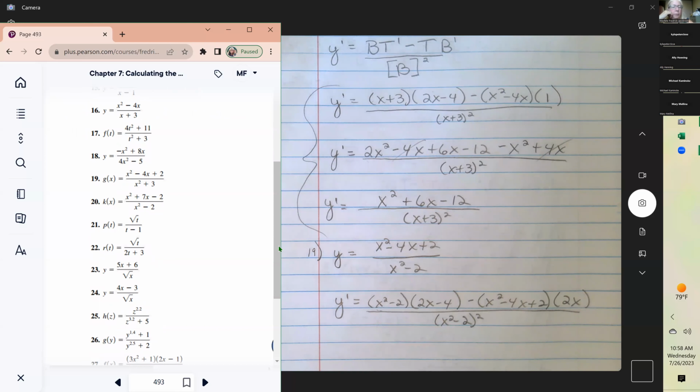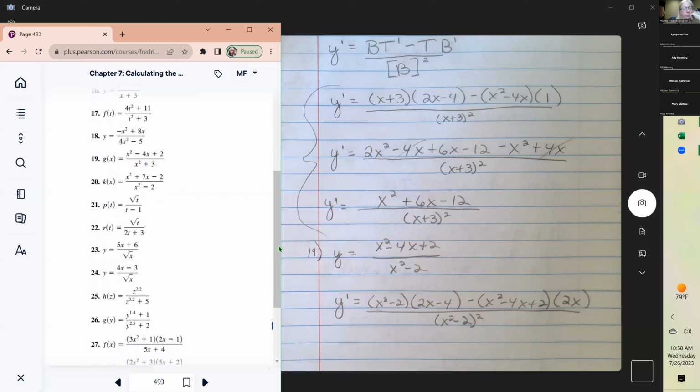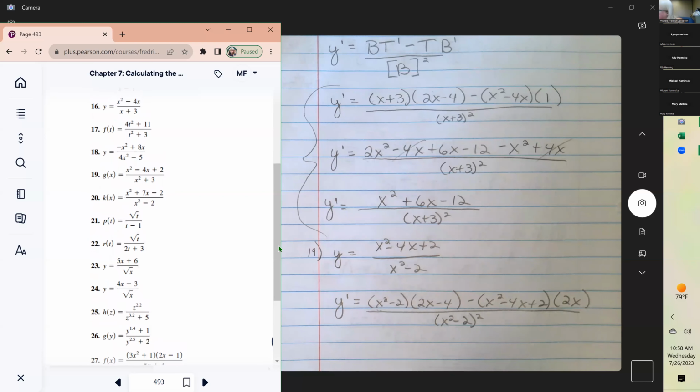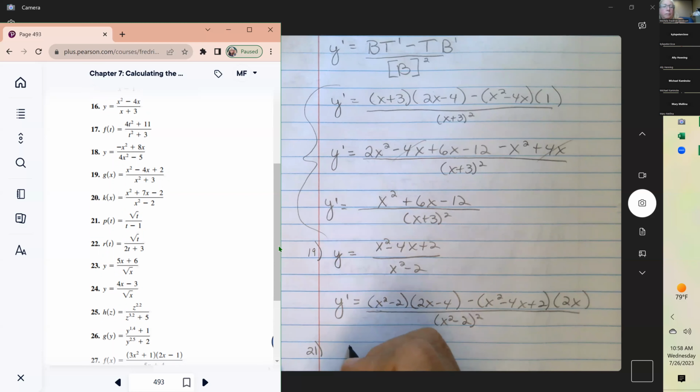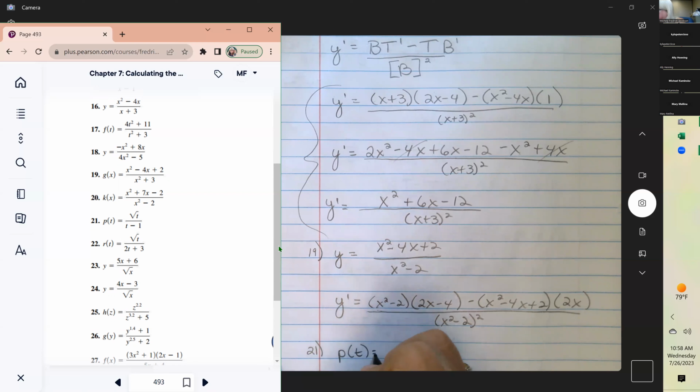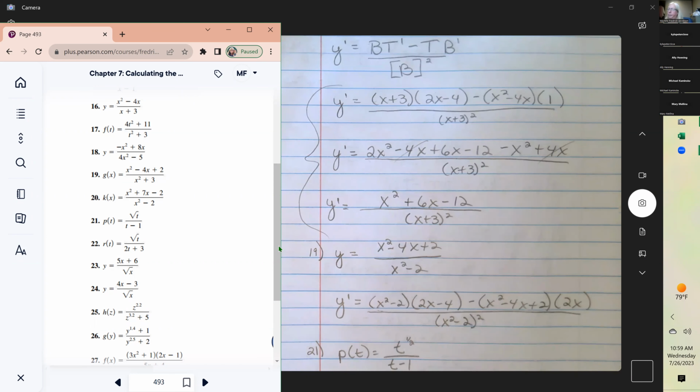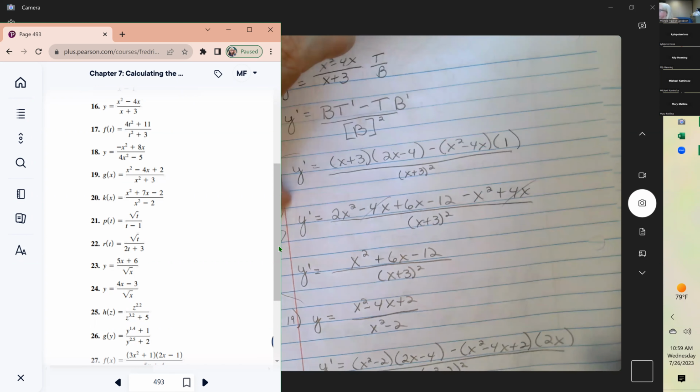Let's try one more, number 21. And I would rewrite that radical t to the 1/2 t minus 1. And go ahead and take the derivative.